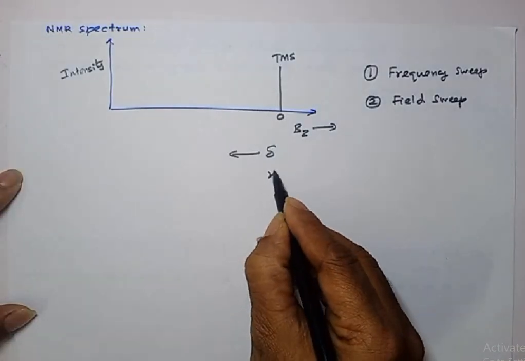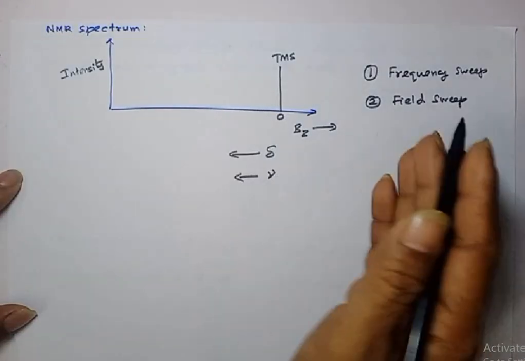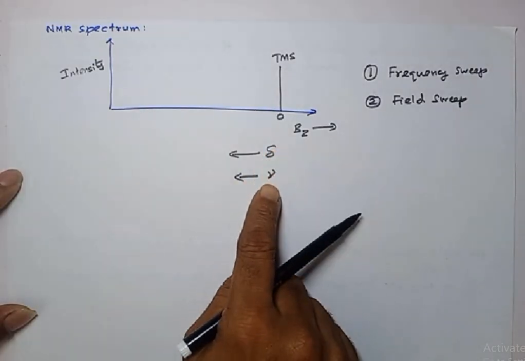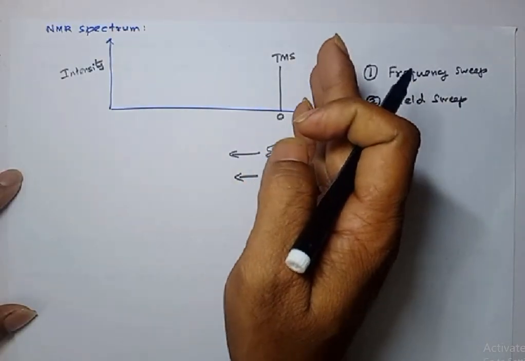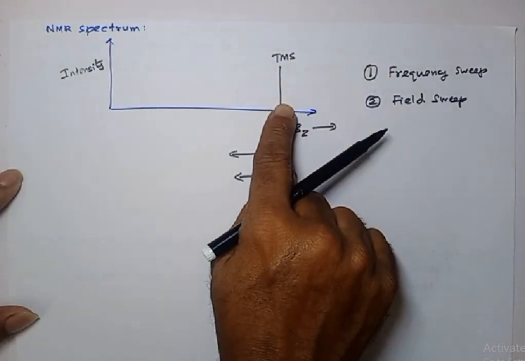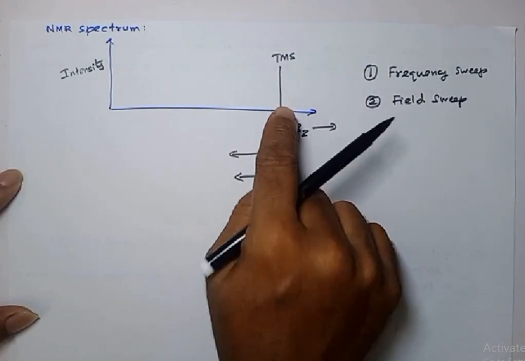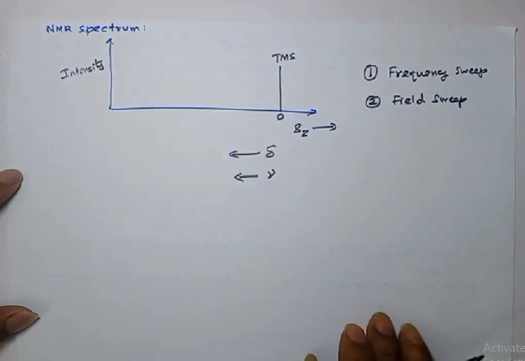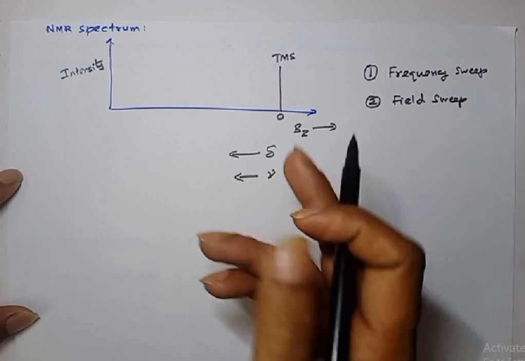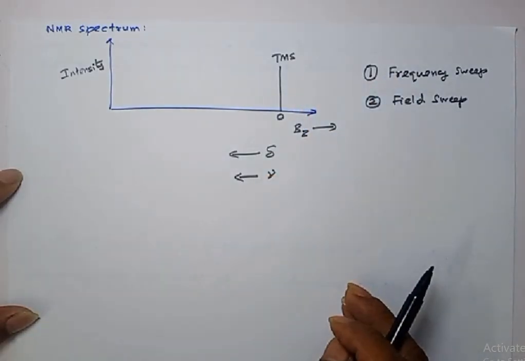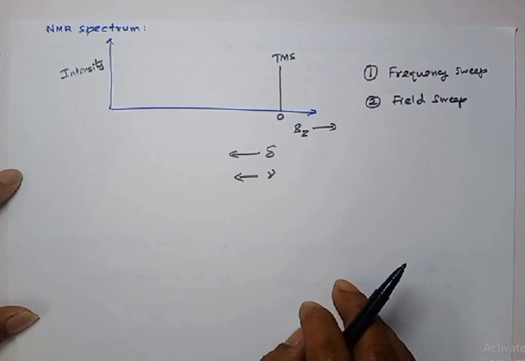For frequency, we plot from right to left. Observe carefully, chemical shift and frequency we plot from right to left. For TMS, we take the frequency as 0. Our TMS frequency is nothing but the spectrometer frequency, in another way.